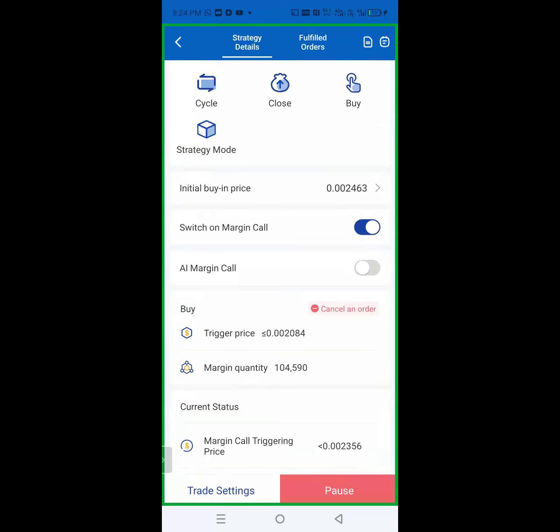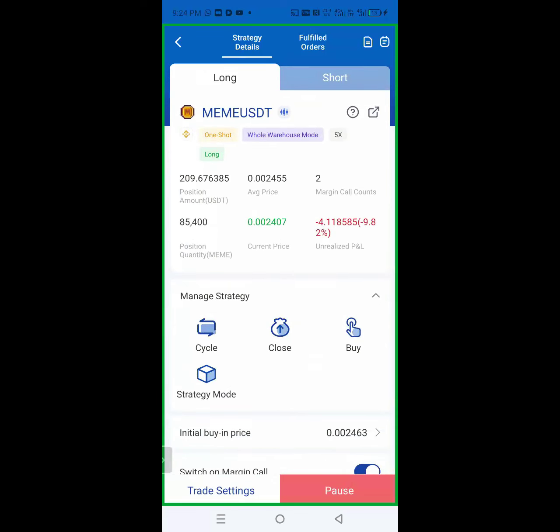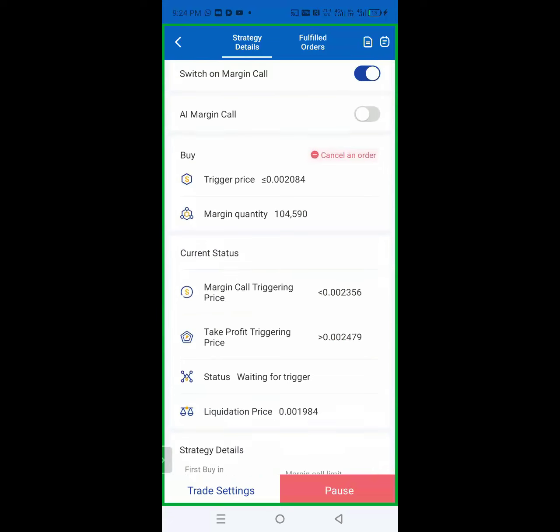Tomorrow morning, if it did not go, I will shut it down because I'll be monitoring my trades. You understand? So you should not set it very close to the liquidation price. At least give it time. So you can see I set my own at 0.002084. Before it goes down to 20 and then enters 1984, it must have bought it.